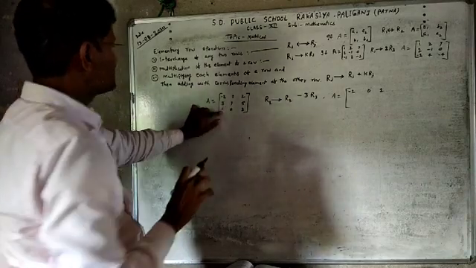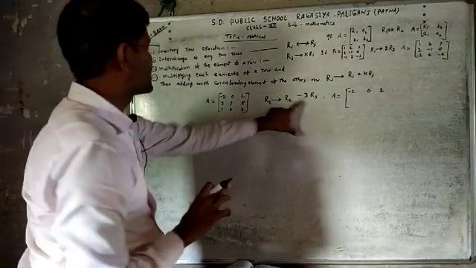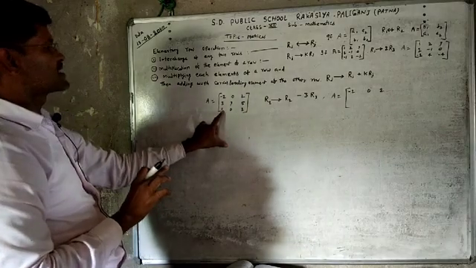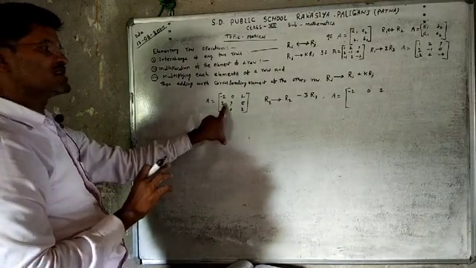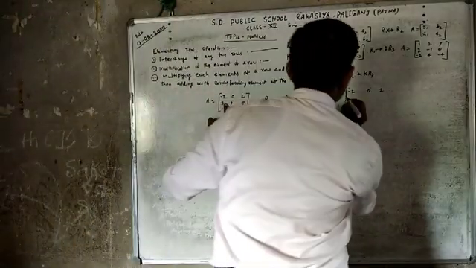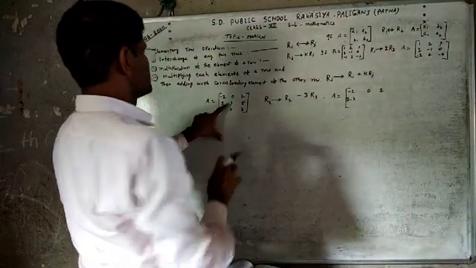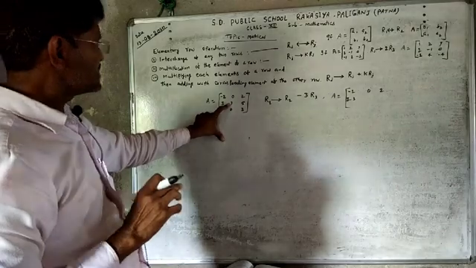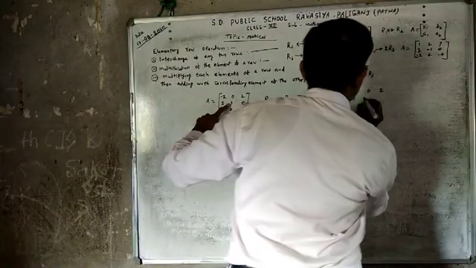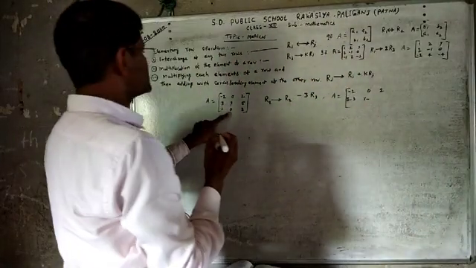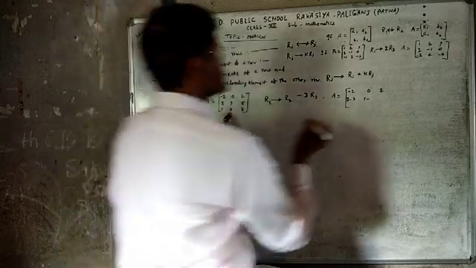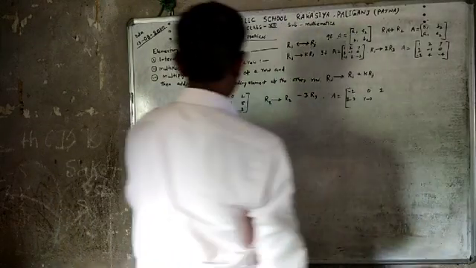The first element of the third row is multiplied by 3 and then subtracted from the first element of the second row, and then we get 3 minus 3. Now the second element of the second row, 7 minus 0 into 3, which is 0.